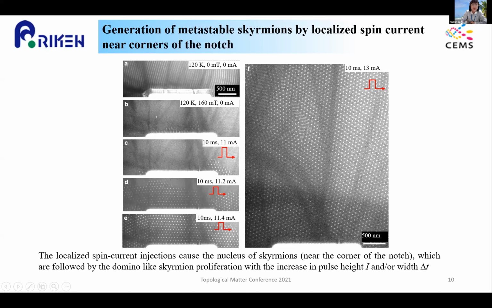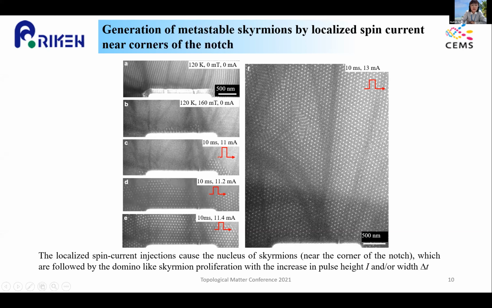When we apply a normal magnetic field of around 160 millitesla, we can generate a conical state. You can see the uniform, monotone contrast combined with several skyrmions.